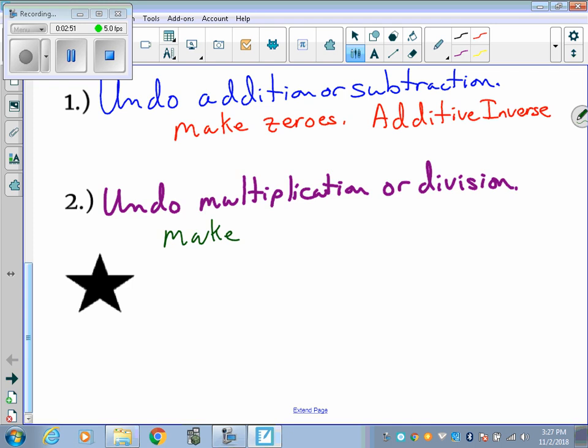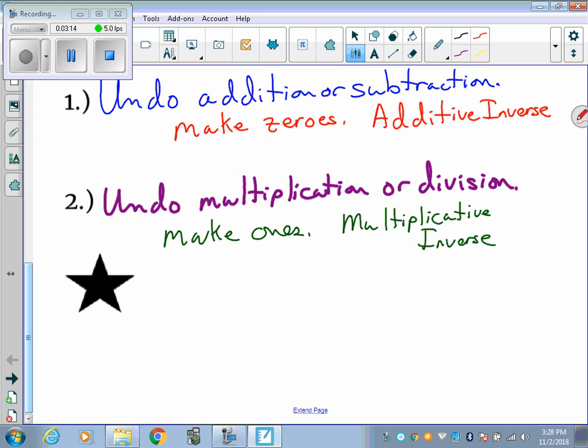If you said ones, you are correct. You're making a 1, which is the multiplicative inverse. We're using the multiplicative inverse, I should say. Because again, when you multiply or divide by 1, nothing changes. So you want to make sure you do that.